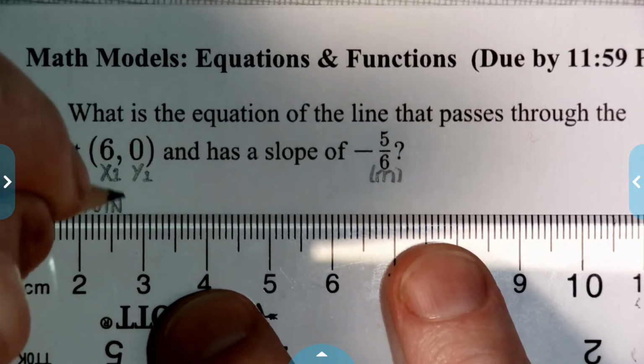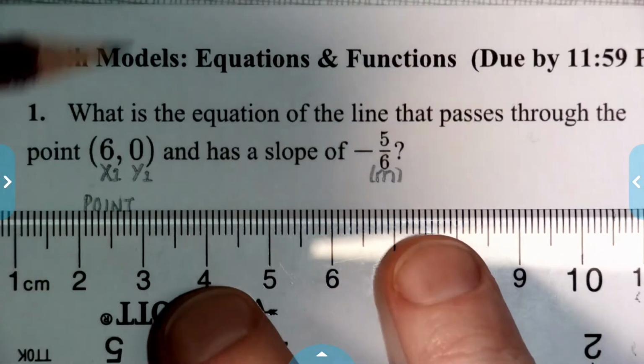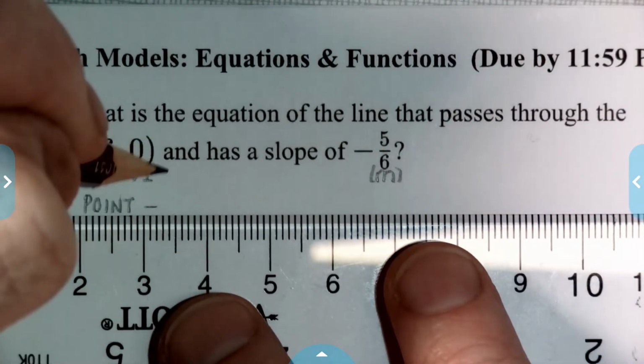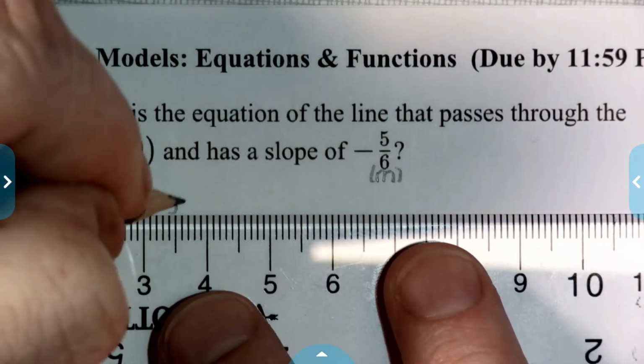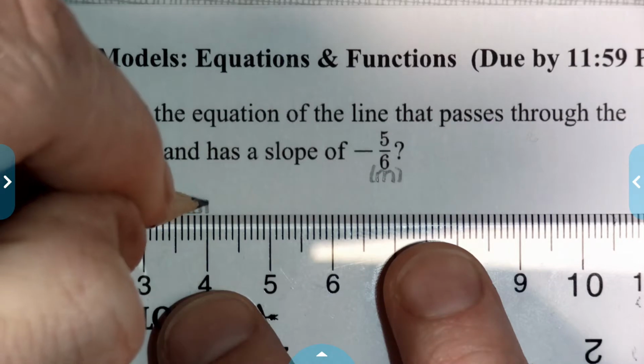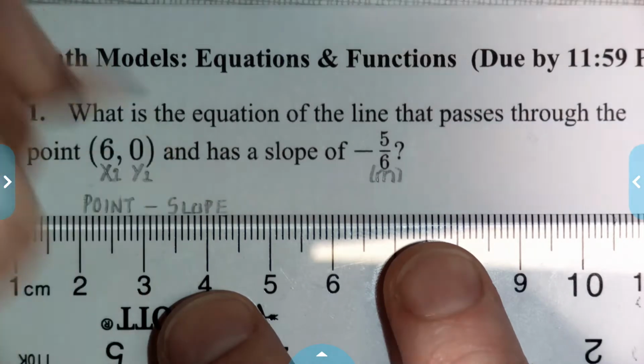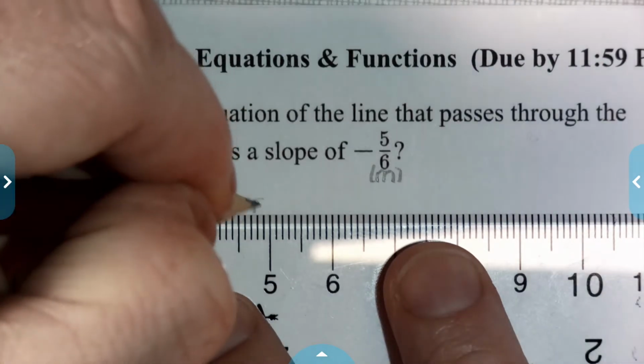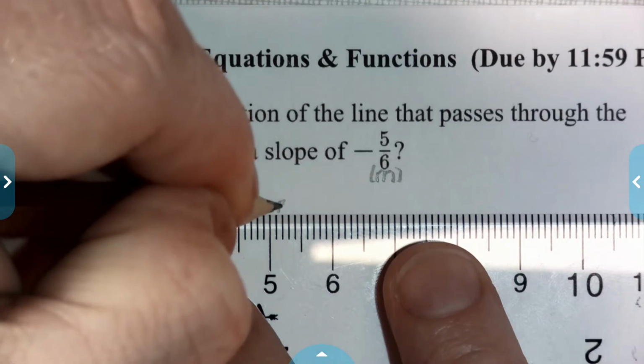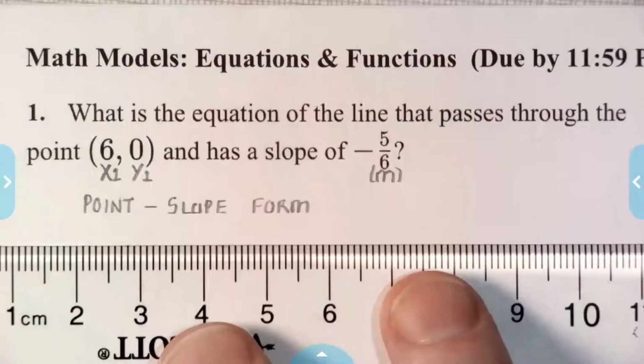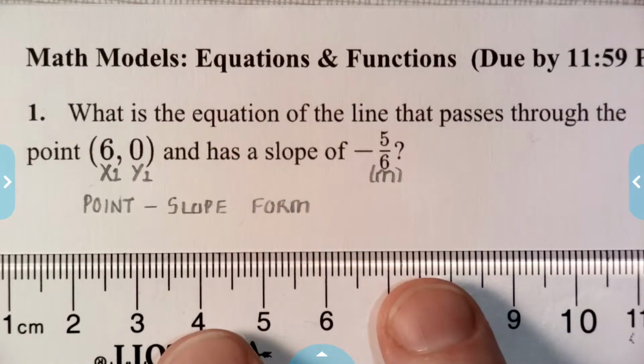As the name implies, it creates an equation of a line given a point and a slope. Some people call it a formula and some people call it a form. I'm actually more likely to call it a form.